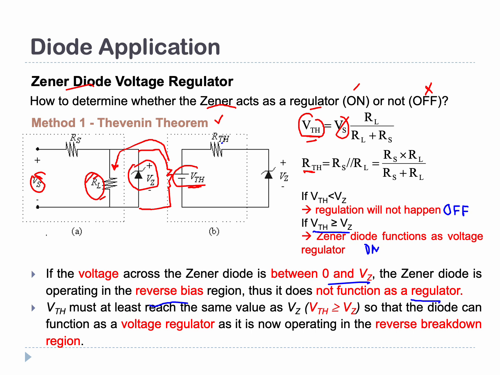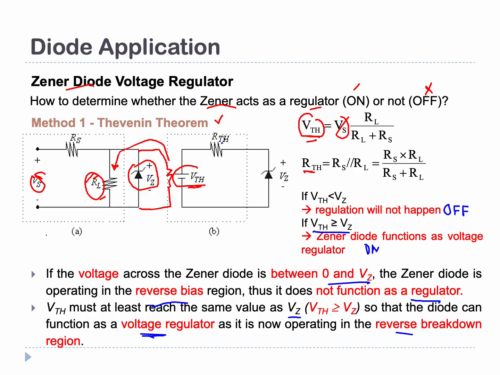But V Thevenin must at least reach the same value as VZ, which means V Thevenin must be larger than VZ, so that the diode can function as a voltage regulator, as it is now operating in reverse breakdown.